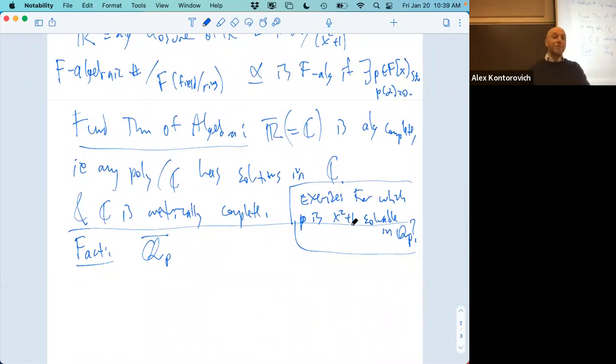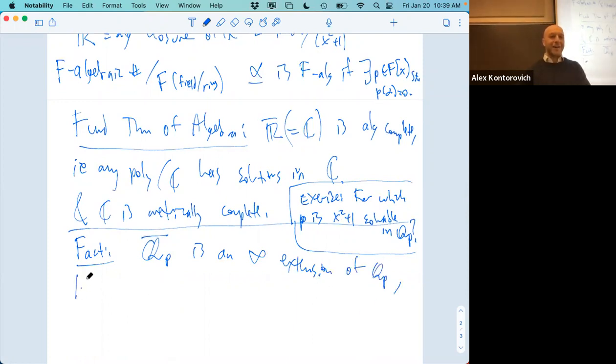For those p for which this isn't solvable, fine, we adjoin that root. It turns out we need to adjoin infinitely many polynomials. Unlike C, which is a quadratic extension of R, this is an infinite extension of Q_p.